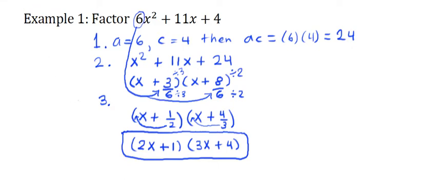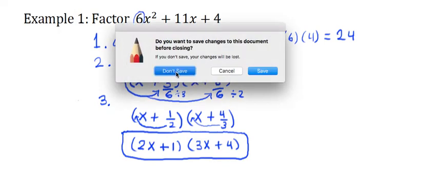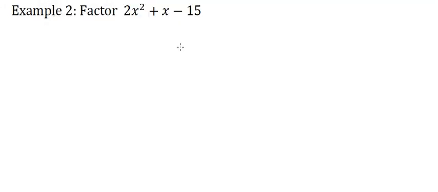Okay, let's see the next example. Example 2, factor 2x squared plus x minus 15. Again, let's follow the AC method.